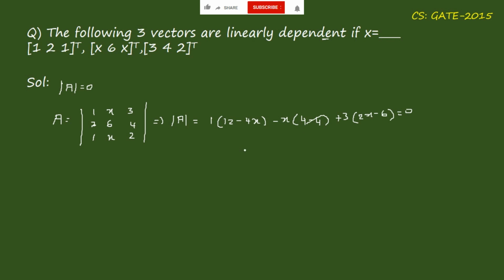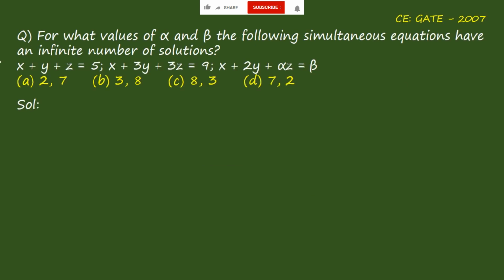Now this is 0, so it becomes 12 minus 4x plus 6x minus 18 is equal to 0. So it becomes 2x minus 6 is equal to 0. Then x is equal to 3. So when x is equal to 3, the vectors are linearly dependent.